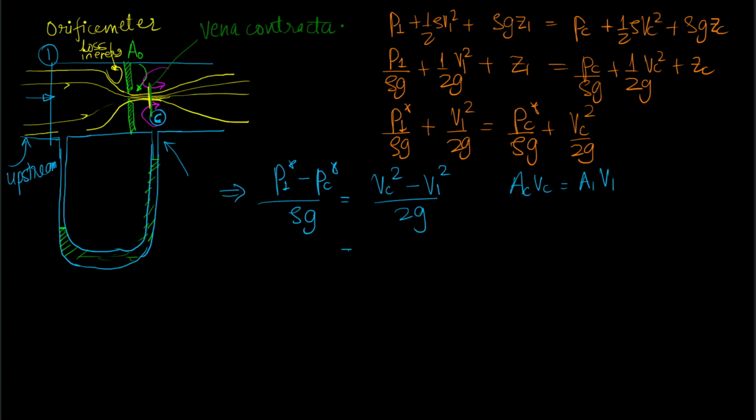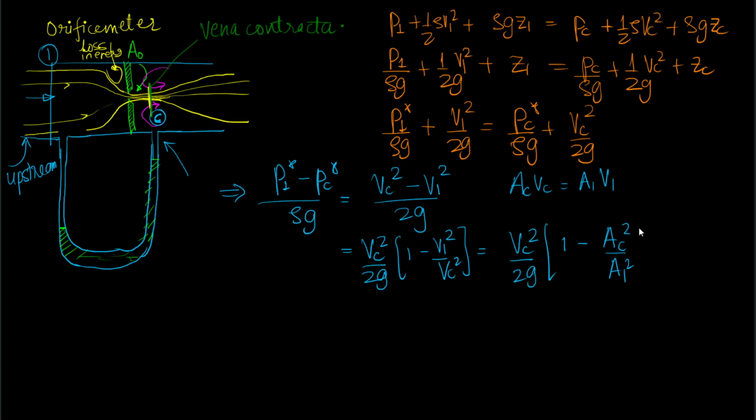So essentially, if we take VC common, we have 1 minus V1 square upon VC square, and essentially this becomes VC square upon 2g times 1 minus, now V1 upon VC is equal to AC upon A1, so AC square upon A1 square.